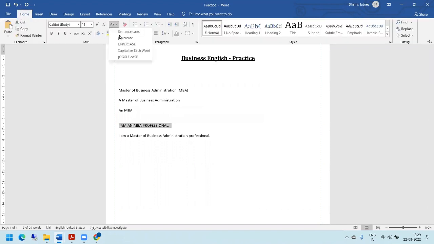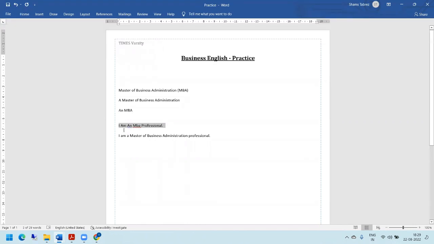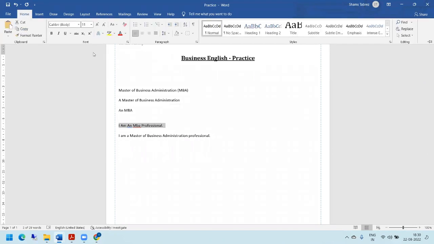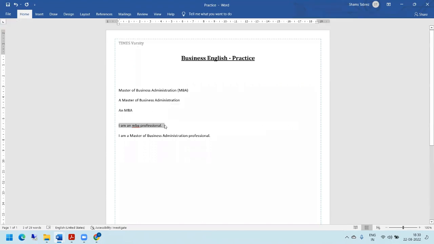Again, this is uppercase, where the letters are capital. Then we have capitalize each word, meaning the first letter of each word will be capital. You see here, in this case, the first letter of each word is capital, but this is also incorrect. Then another is lowercase, where everything is lower. This is also incorrect.